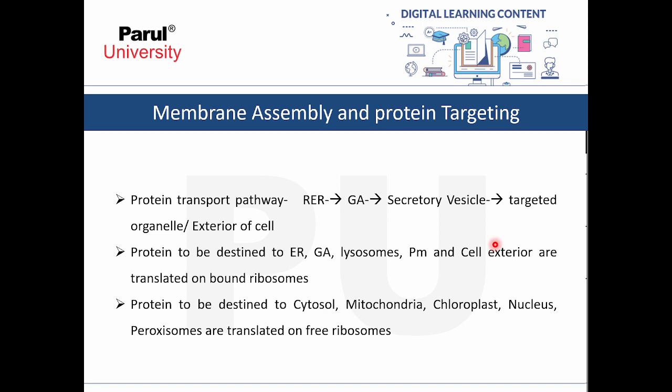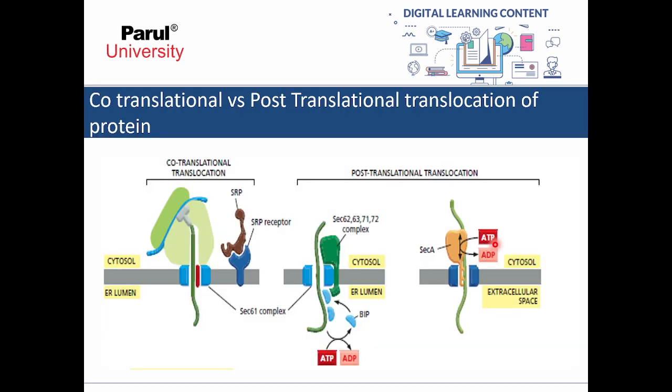Proteins destined for the ER, Golgi apparatus, lysosome, plasma membrane, and cell exterior are translated on bound ribosomes. Proteins destined for the cytosol, mitochondria, chloroplast and nucleus are translated on free ribosomes. This is the diagram of co-translational translocation of protein, while the other is post-translational.